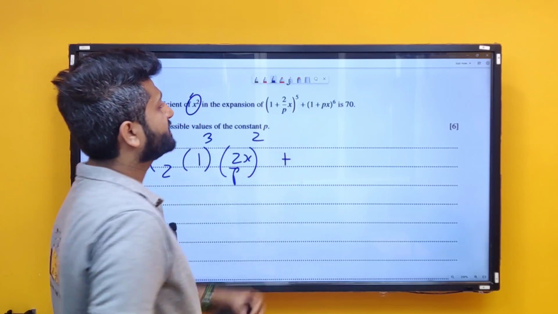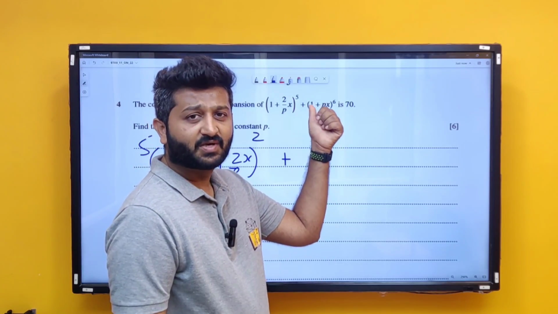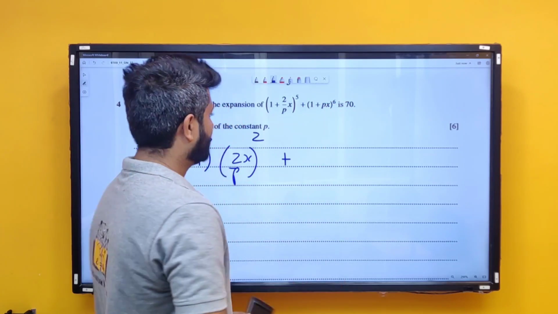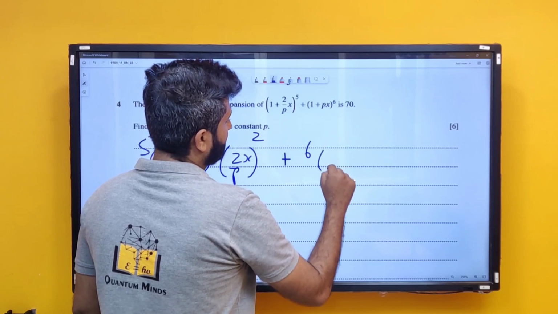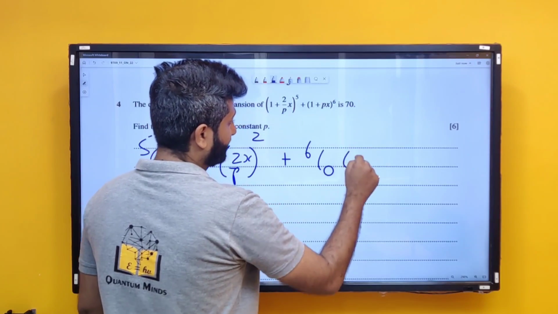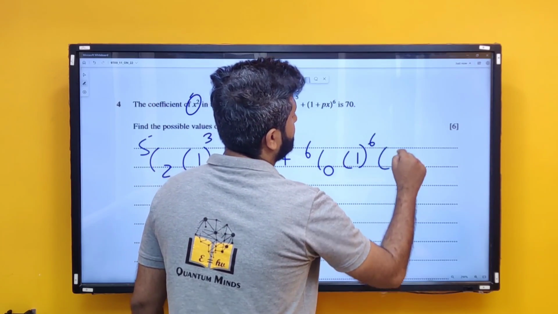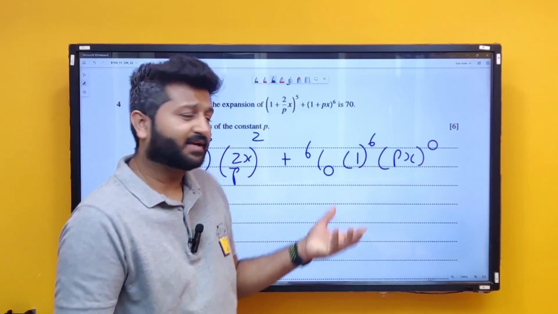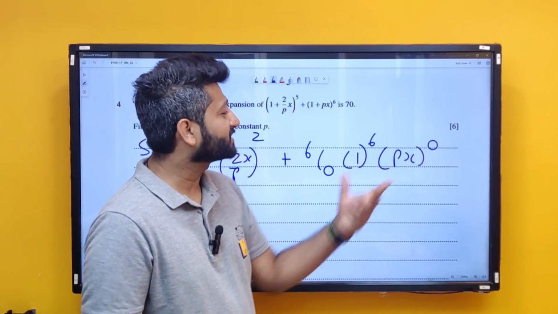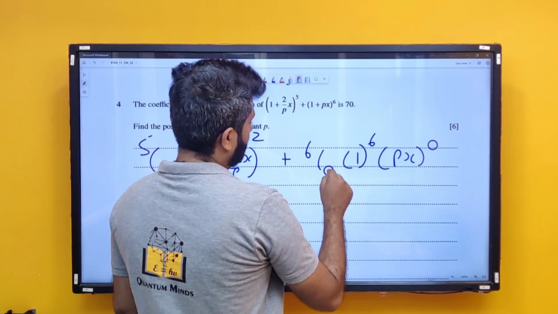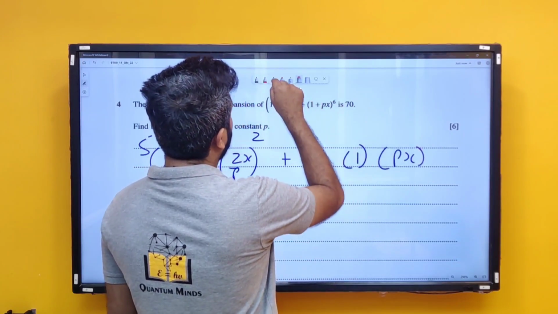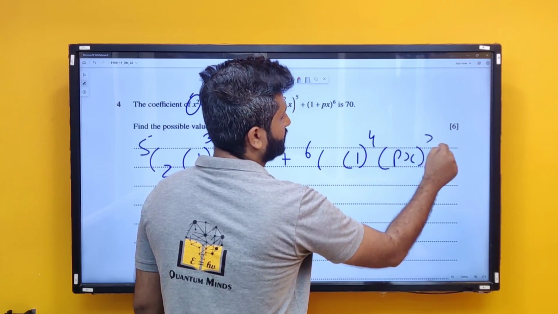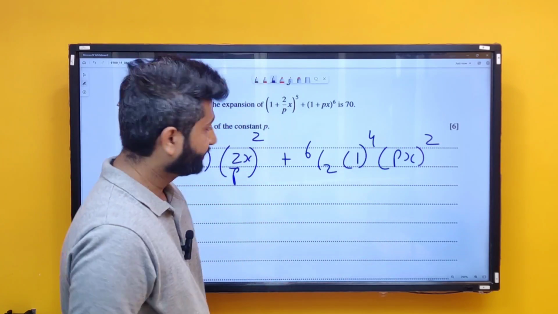Plus, in the same way we have 6c0, this will be 6c6. 6c0, first term gets the maximum power and second term the minimum power. Now this won't give me x square. So what do I have to do? I'll have to take this as 4 and this as 2. So this is going to be this, right?